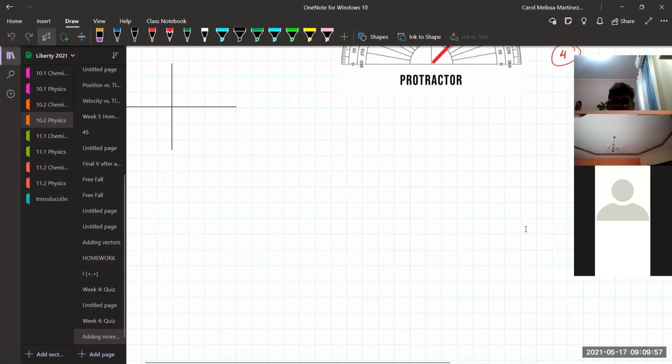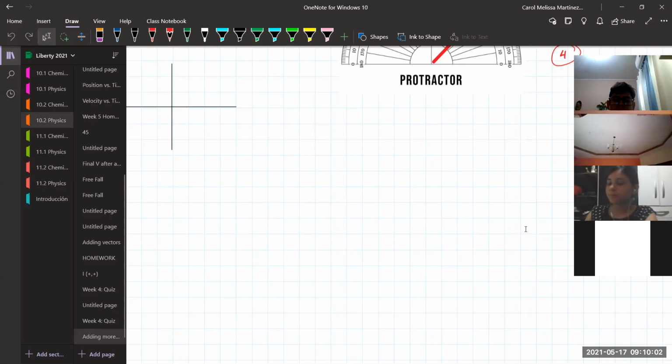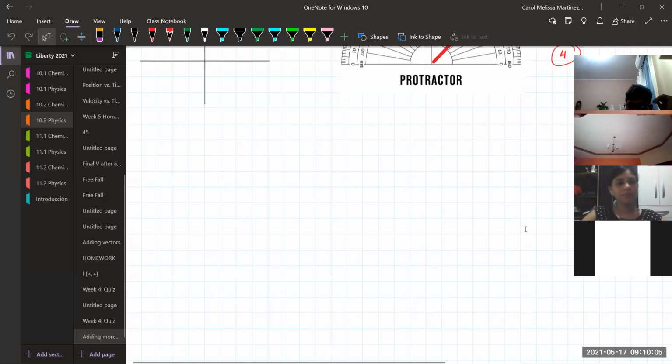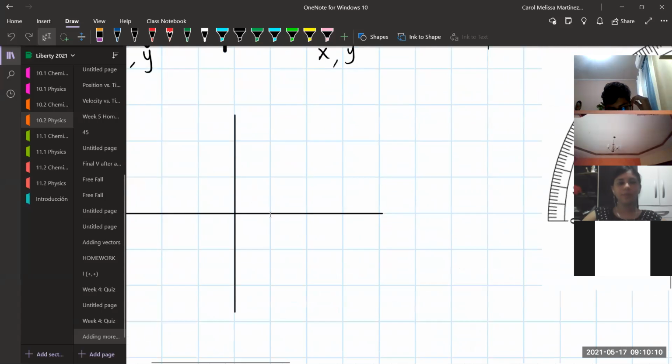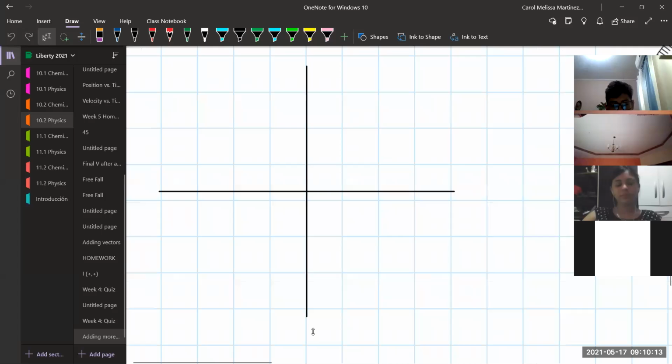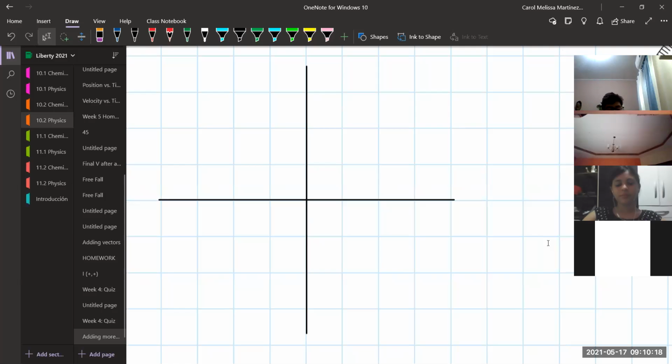So I'm showing you a Cartesian plane right here. I'm going to zoom in because I just want you to focus on this. Now imagine, no, do not imagine, I'm going to draw it. So I have a vector over here, and I'm telling you that that is an angle of 30 degrees.